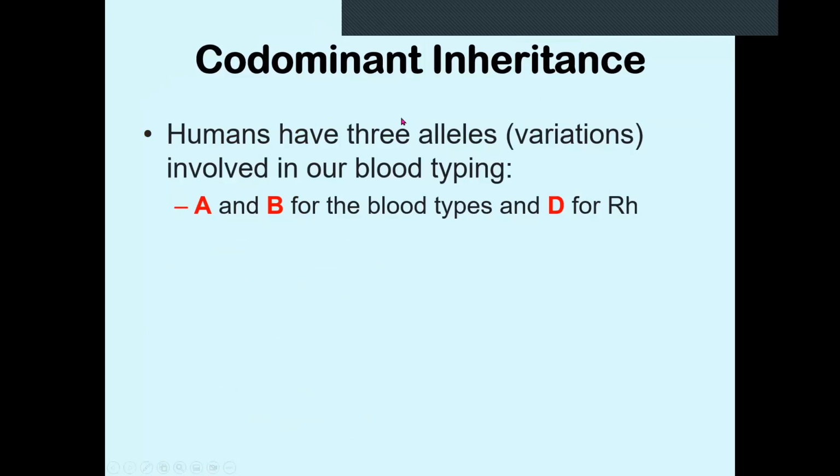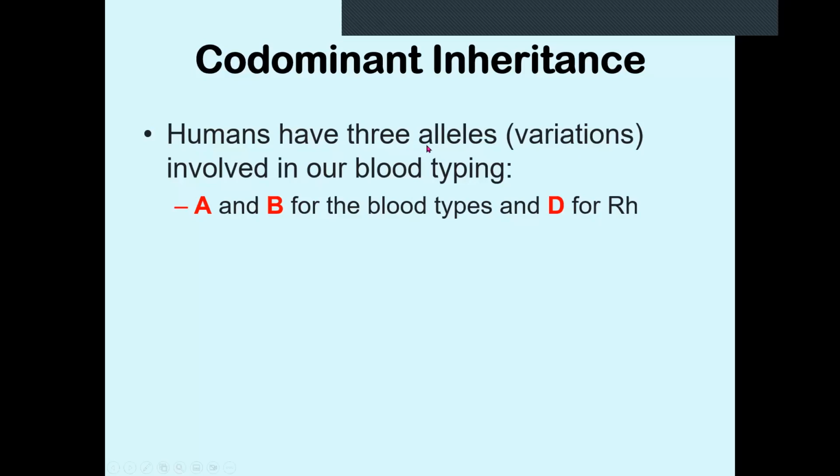Now, the second version is co-dominant inheritance, not dominant recessive, but co-dominant. This is where the genes have equal weight. So in human blood types, we have three alleles.